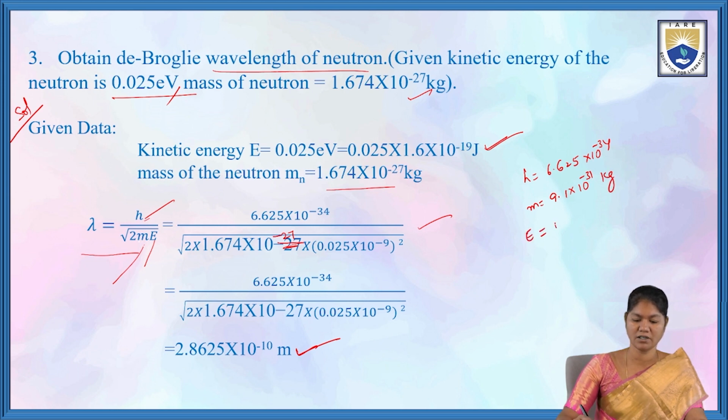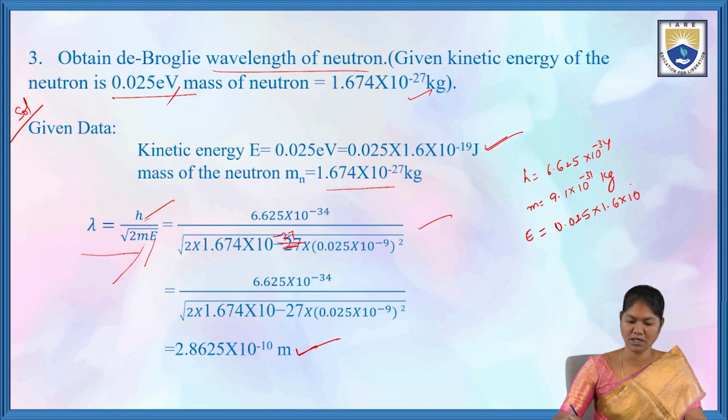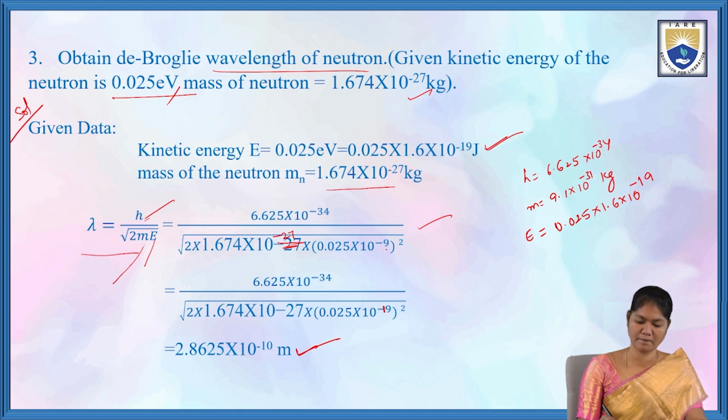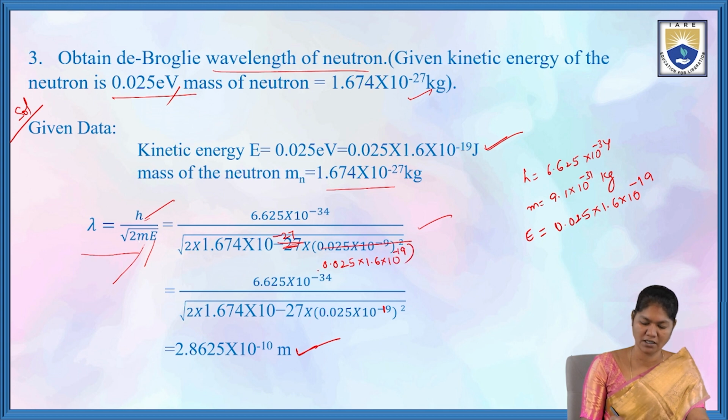And E is already given, 0.025 into 1.6 into 10 power minus 19. Here it is given in electron volts, so I am calculating in joules. So here we need to use 0.025 into 1.6 into 10 power minus 19, whole square.